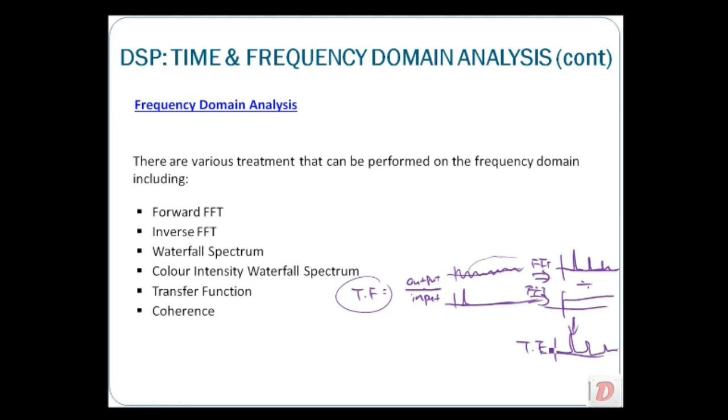The coherence function is another measurement. These two are in a very advanced topic later on, in the last few weeks, where we will look into how to perform that test using these two functions to evaluate the quality.